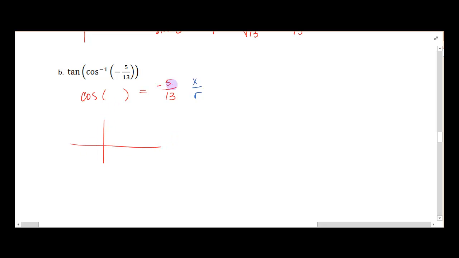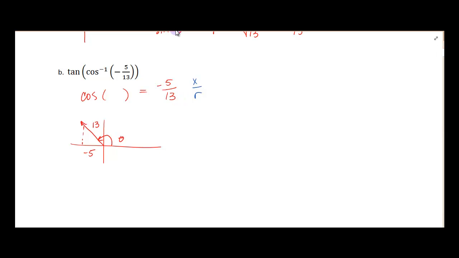So I know that x is negative 5, so I've got some angle theta, by the way, and I can drop a vertical line down, and I know I'm moving negative 5 in the x direction. I know that r, by the definition of our trig function, is 13, and I need to find out what y is then.